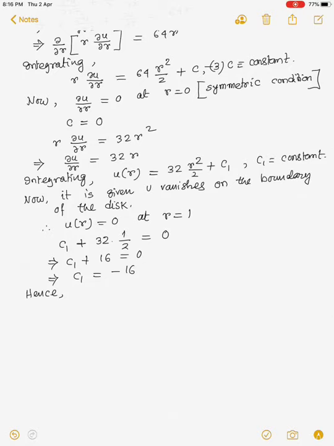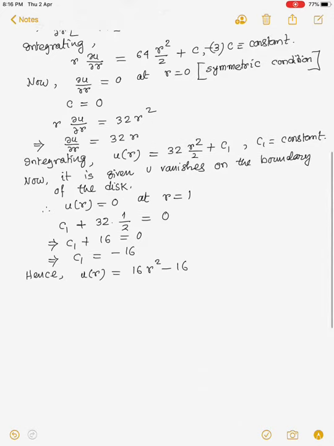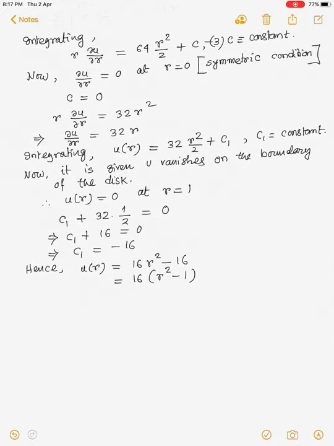Hence, the solution in polar coordinate system may be written as u(r) is equal to 16 r square minus 16, which is equal to 16 times (r square minus 1).